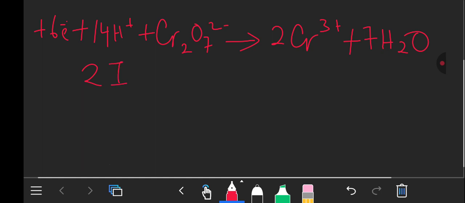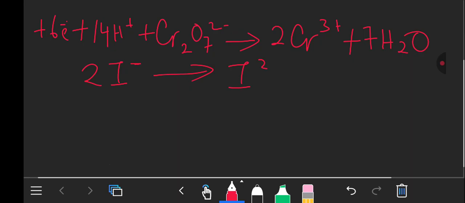We just need to balance the charge. So it was 2 minus, then giving iodine atom rather. Okay, so this is what we had.